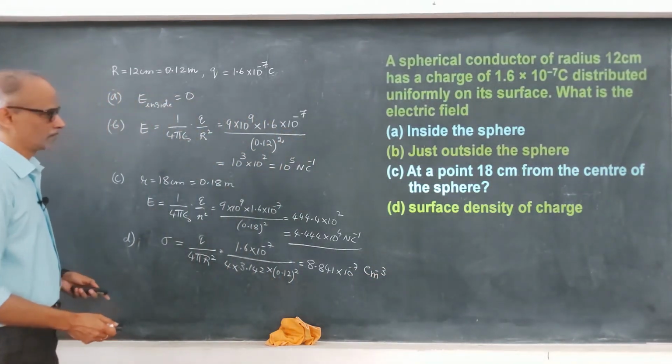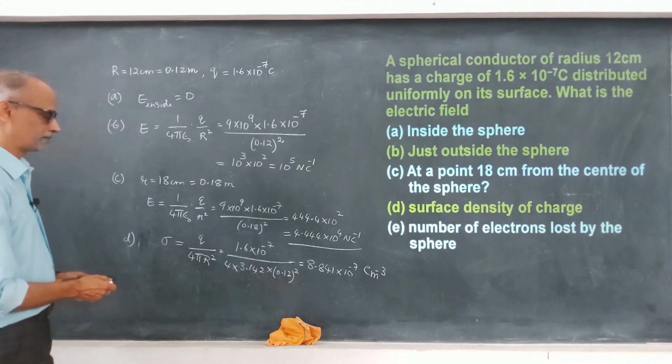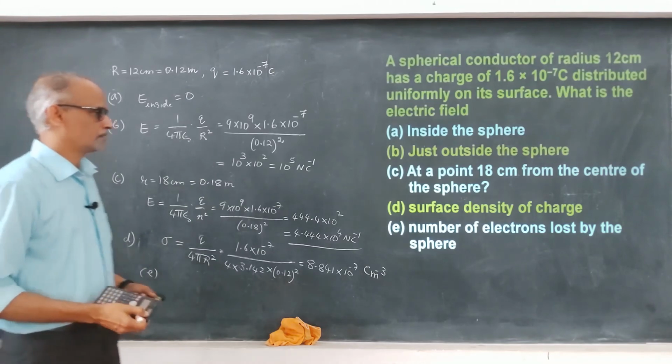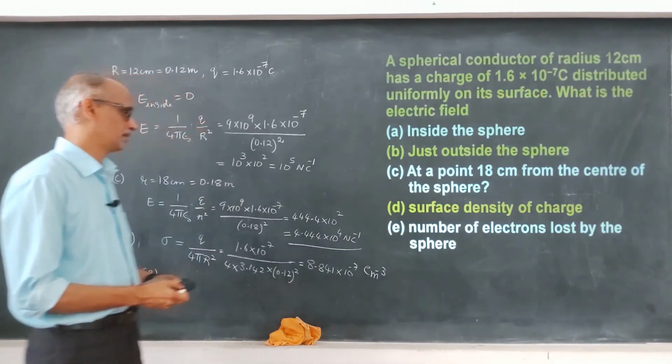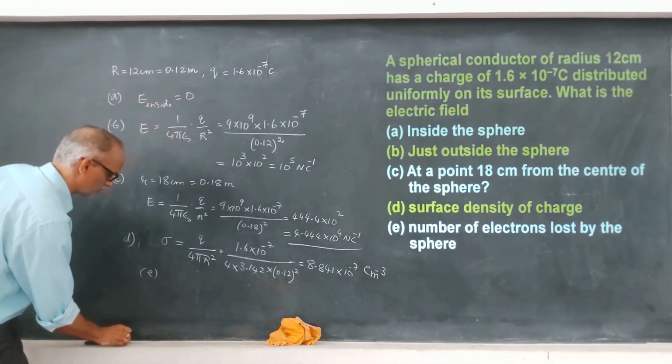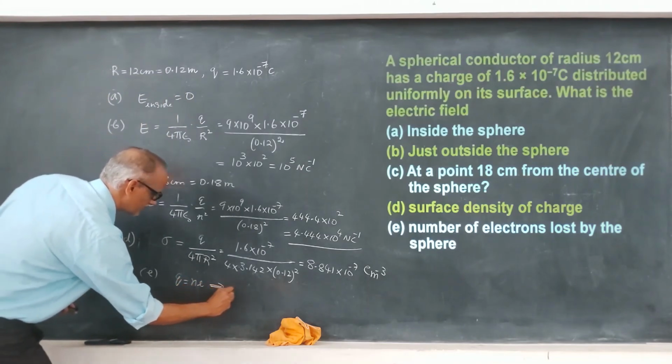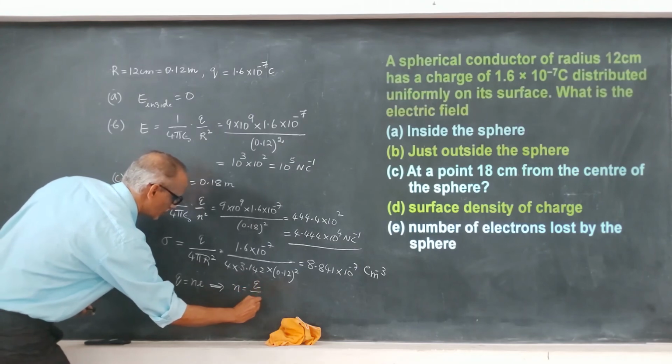Okay. So there is one more option, option E. Number of electrons lost by the sphere. So we know that total charge Q is equal to N e, and from this I can find the value of N is equal to Q by e.